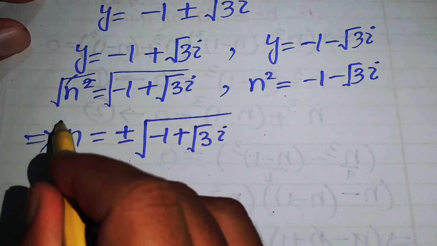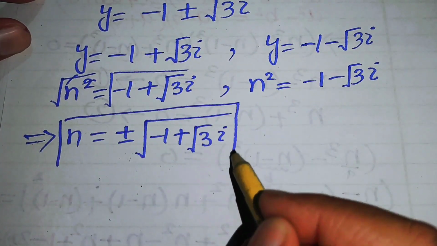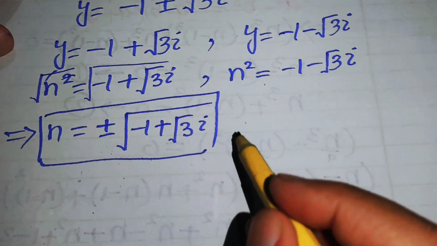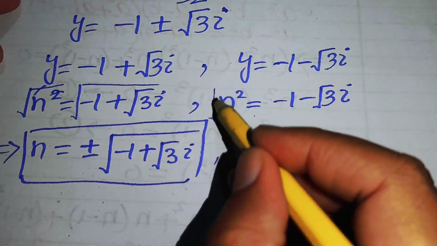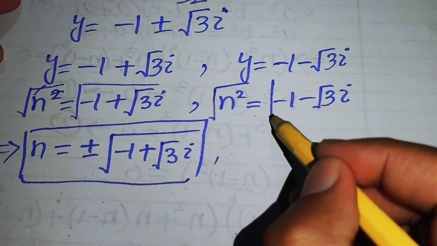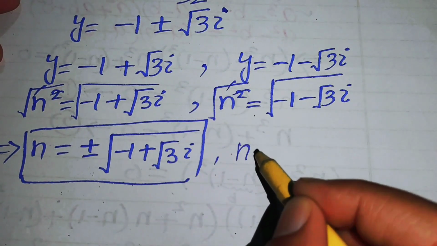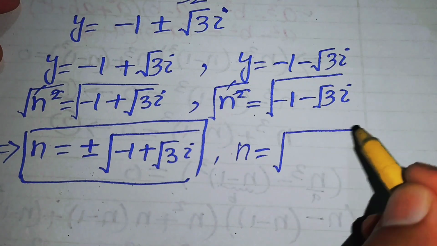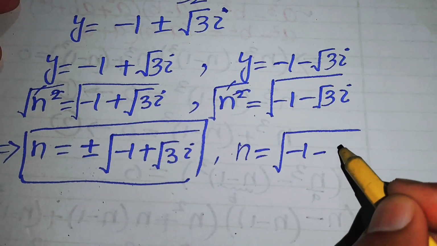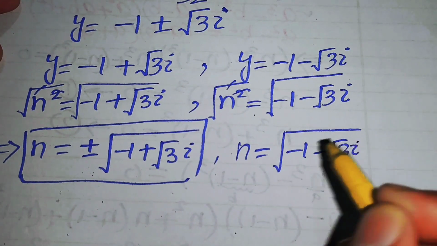So these are the other two complex roots, and now we focus on this term, and here you again take the square root on both sides, and you get these squares cancelled by each other, and we got here n equals minus 1 minus square root of 3 iota.